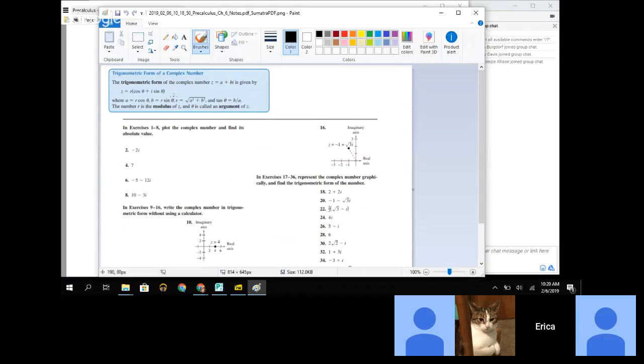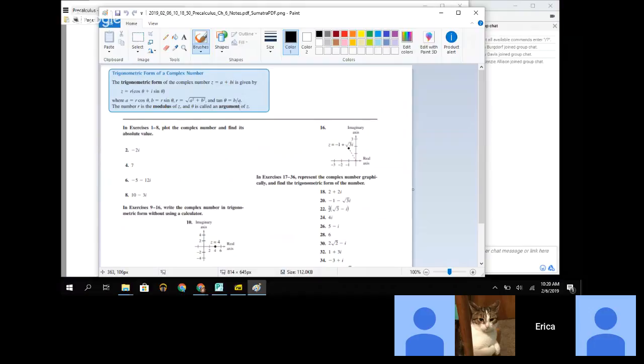So we can find r by basically taking the Pythagorean theorem, or the absolute value of our complex number. The number a is going to be r times the cosine of theta, and b is going to be r times the sine of theta, and the tangent of theta is b over a. So theta is called the argument of z.